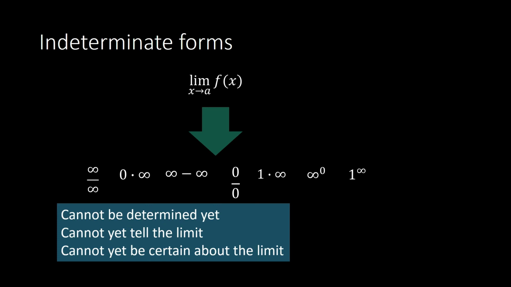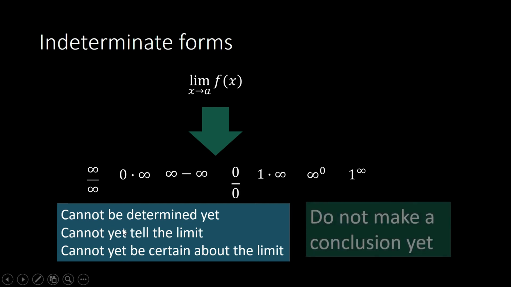We are working with functions whose limit is indeterminate. It cannot be determined yet. You cannot yet tell the limit. You cannot yet be certain about the limit. In which case, that means you cannot yet make a conclusion about the limit of the function.